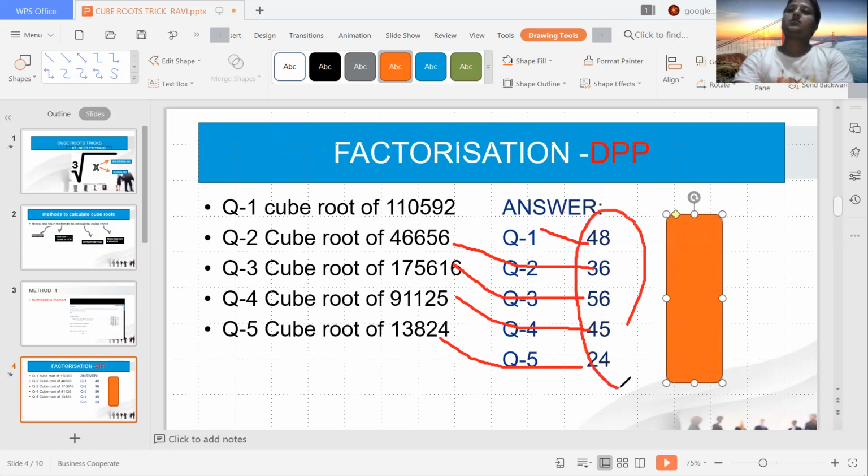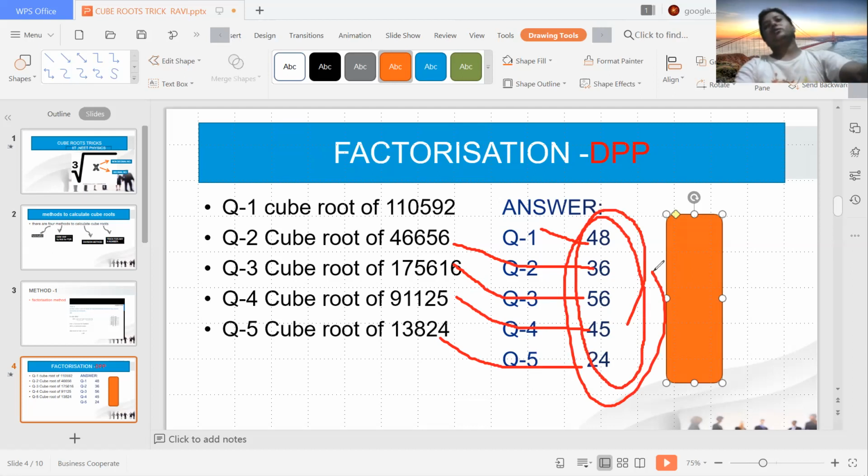Same result we found. So without going into a large factorization method, we can use this trick directly.